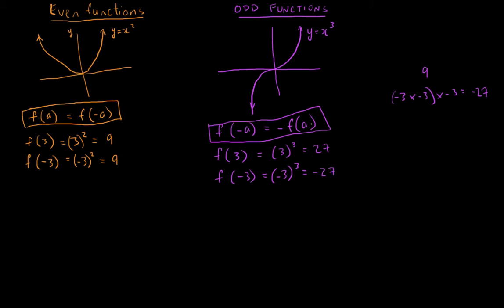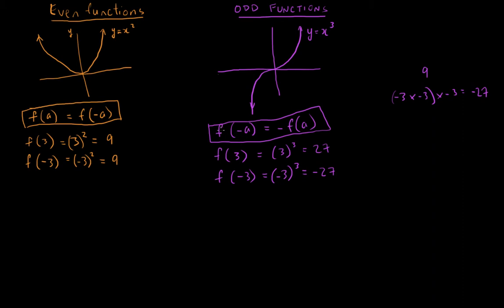So here, what we can see is that when we take the positive number, the function of the positive number is 27. But when we take the negative number, then it is equal to the same value of the positive number, except it's a negative. So it's a negative of the positive value.